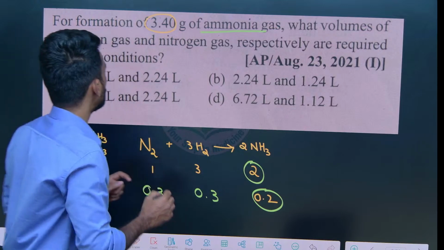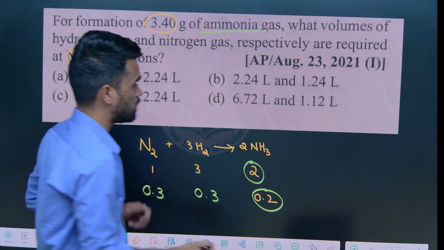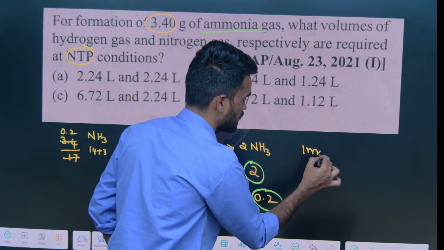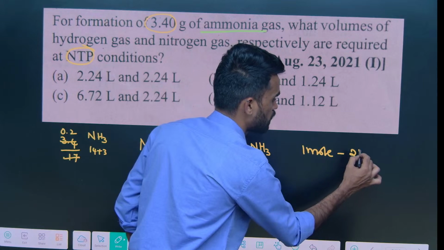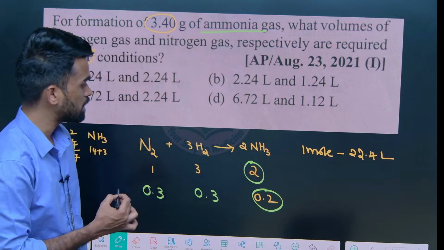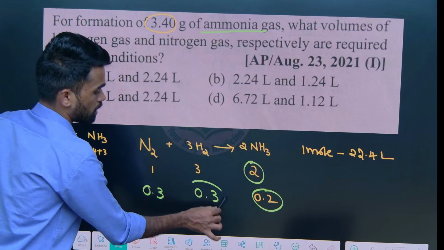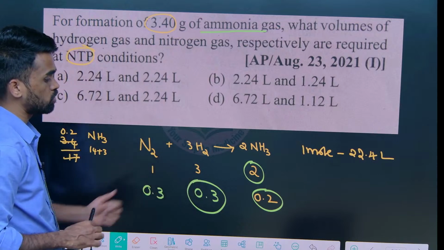You need to know that at STP condition, which means at NTP condition here, 1 mole of any gas occupies 22.4 liters of volume. What is the volume occupied by 1 mole of any gas? It is 22.4 liters. Now how many moles are mentioned for H2? It is 0.3.